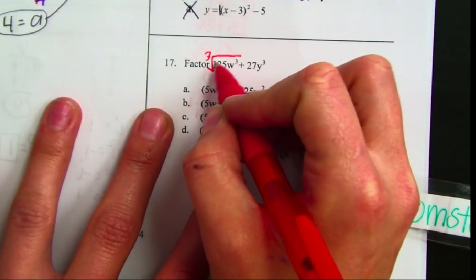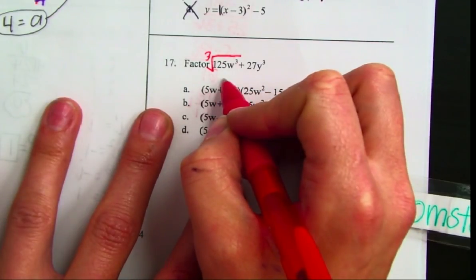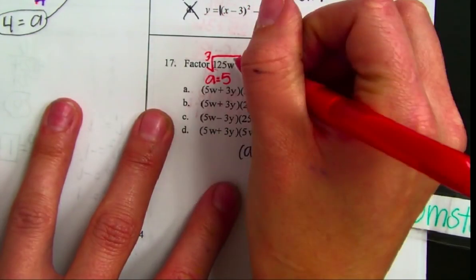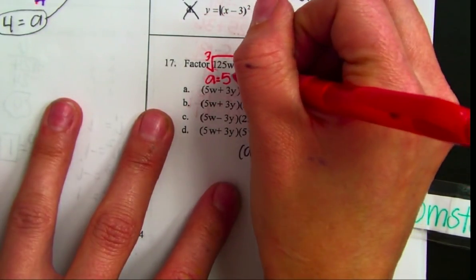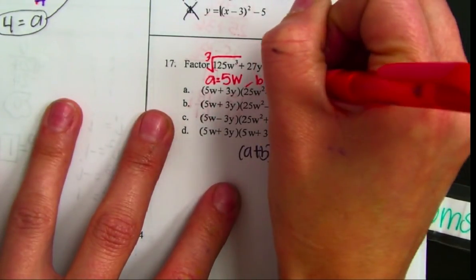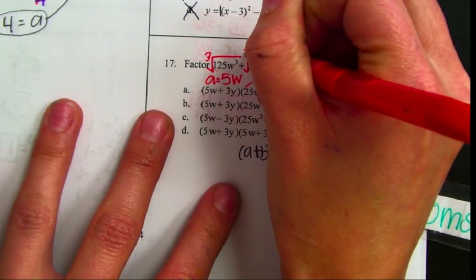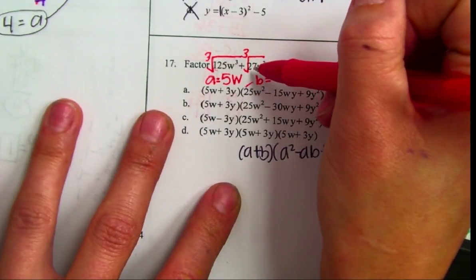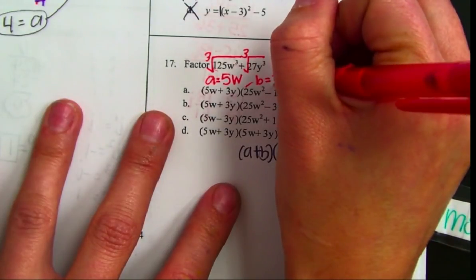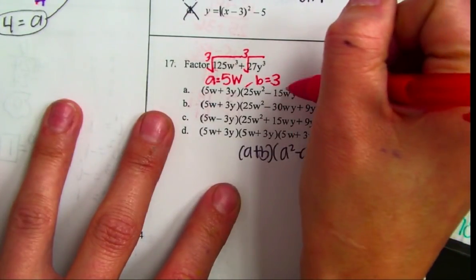So the cube root of 125, meaning what number times itself again gives you 125, is 5. Then the cube root of w cubed is w. Your b term you're going to find by doing the cube root of the second term. So the cube root of 27 means what number times itself gives you 27, that's 3, and the cube root of y cubed is y.